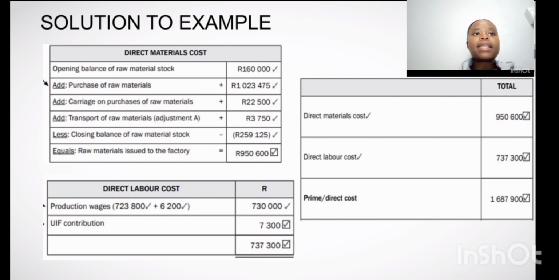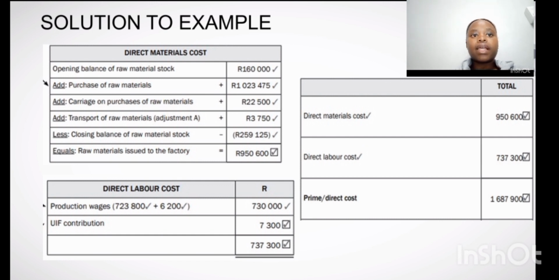We also add our transportation of 3,750. We minus our closing balance of 259,125. It will give us our raw material issued to the factory of 950,600.